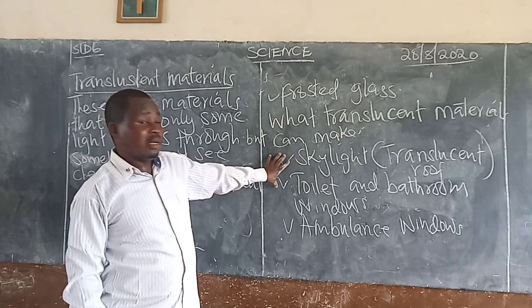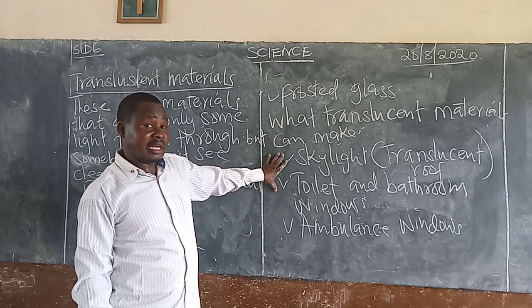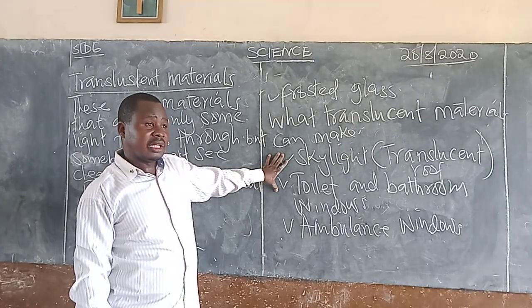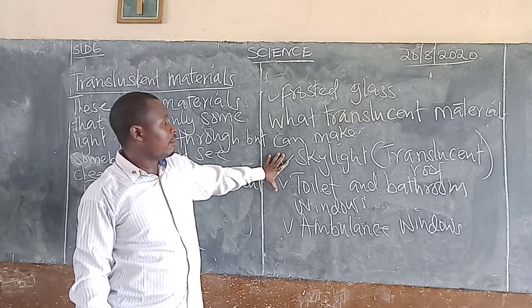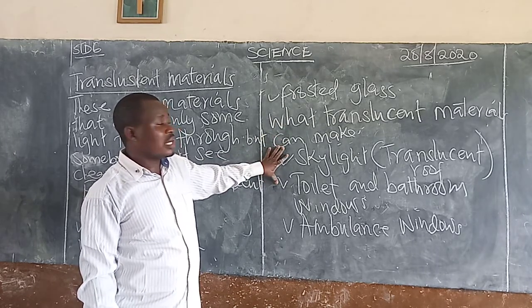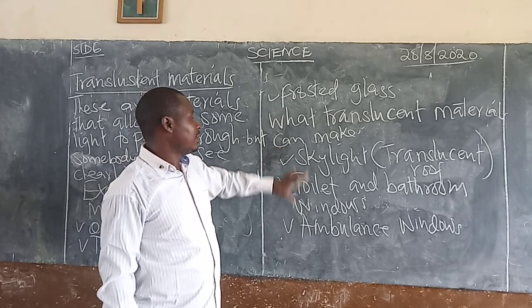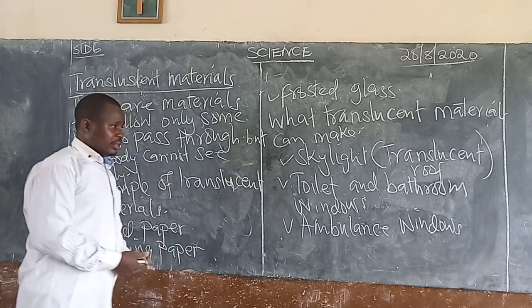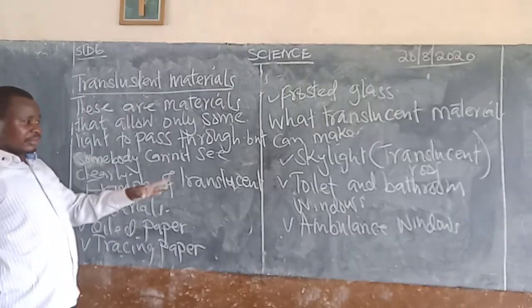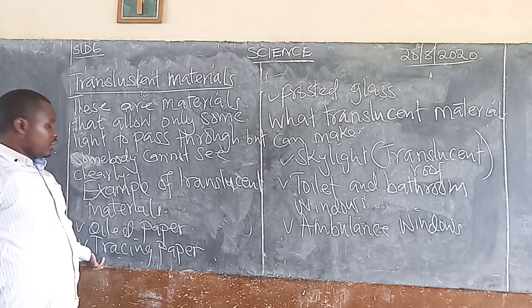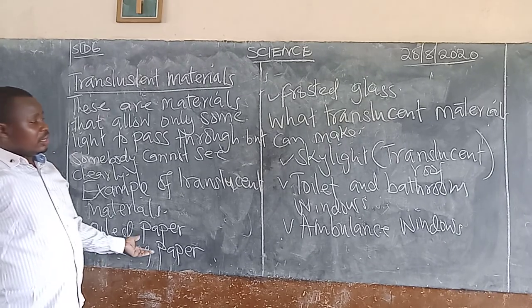Now, this one, they can also give you a question here. Which one of the following cannot be made from translucent materials? Translucent roofs. Then they can also ask you tracing paper.